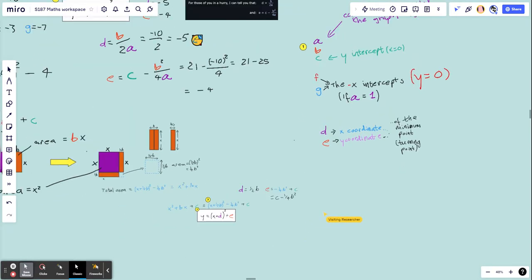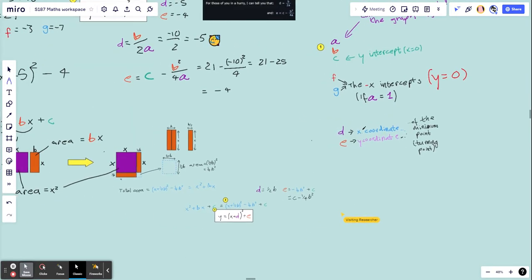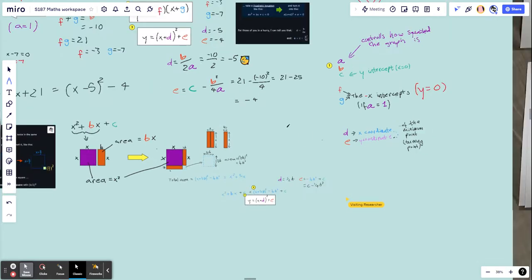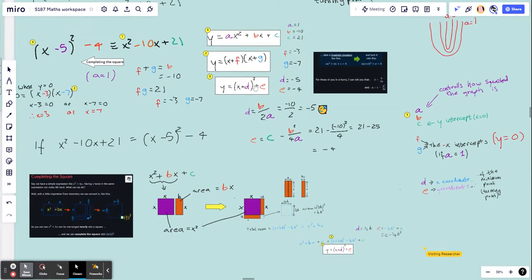The last one, which is what we're going to be talking about in a moment, is completing the square. When you get it into that format, the D and the E give the minimum point, otherwise known as the turning point. Back to these curves up here, it's the minimum point.